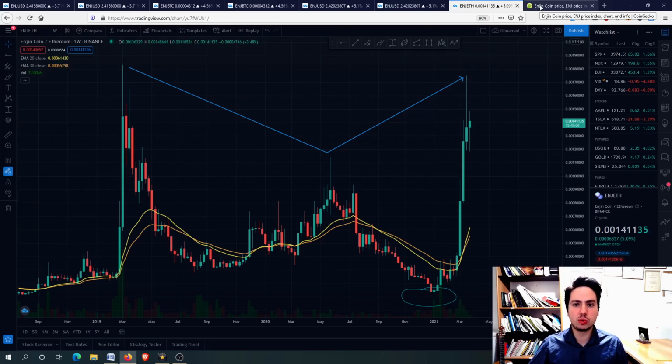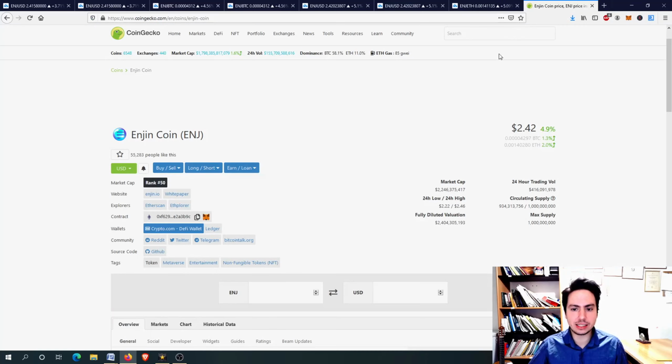And let's go to the potential and let's discuss a bit the potential of this coin and the market cap. So here we got near $2 billion market cap, and the price is 2.42. I always told you, if you multiply circulating supply with the price, then you get the market cap.